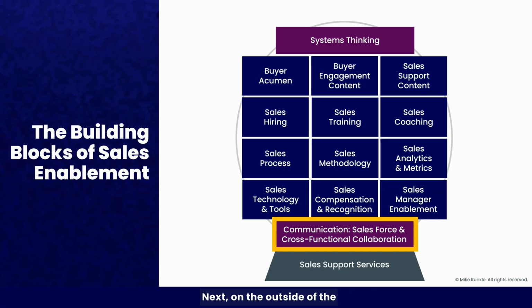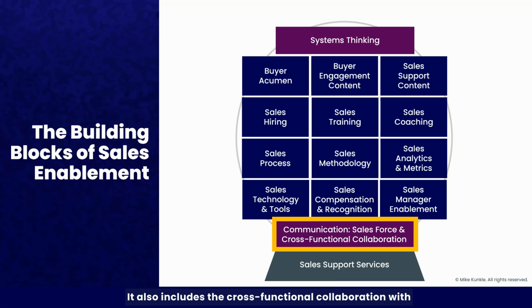Next, on the outside of the core blocks is communication management. This includes communication with the sales force, meaning being a conduit for them so information doesn't fly at them from 5 different directions in 5 different ways. This can get overwhelming for a sales force very quickly.